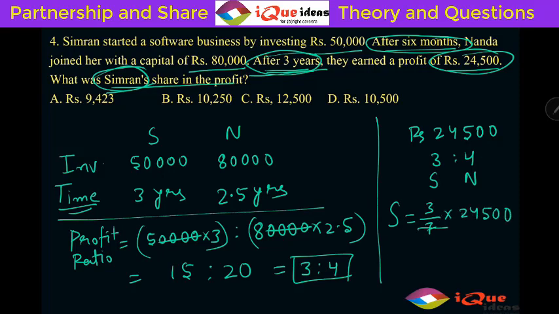Now 7 cancels 24,500, 3,500 times. Right? So it is 3 into 3,500, that is 10,500. So out of the total profit of 24,500, the share of Simran is 10,500 rupees. That is option D, as you can see. Right? Now let's take up the next question.